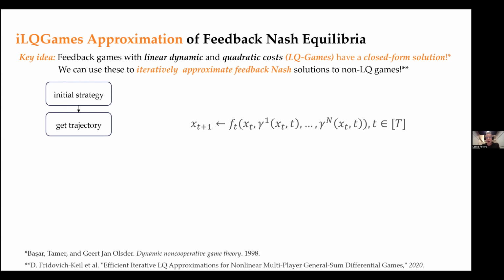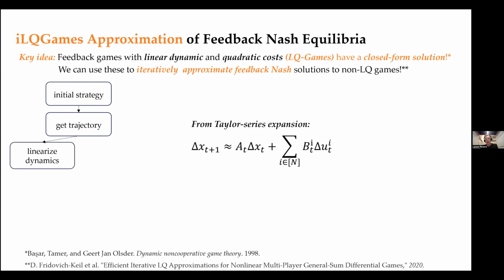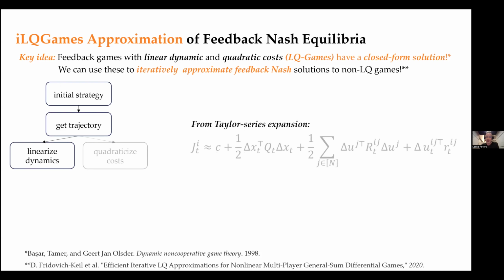And then around this trajectory, we will linearize the dynamics via Taylor series expansion. So we get a description of how the state evolves locally as a function of the deviation from the reference controls. And then we also quadraticize the cost. So we make a quadratic model of the player's costs at that stage, around that trajectory.